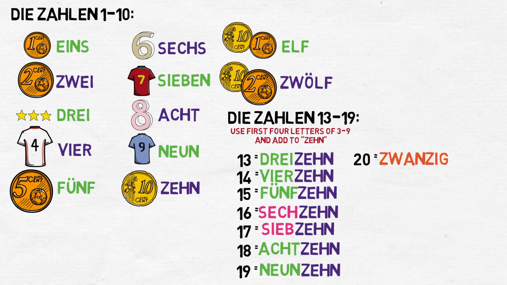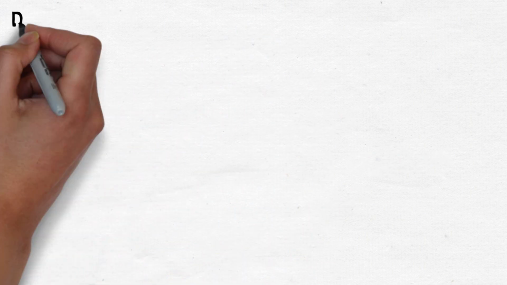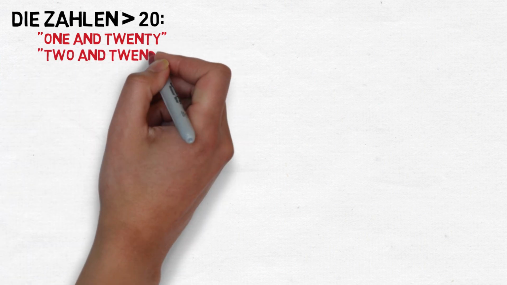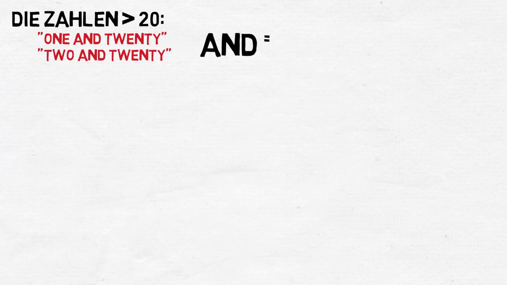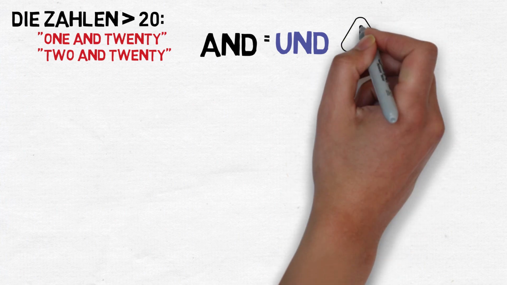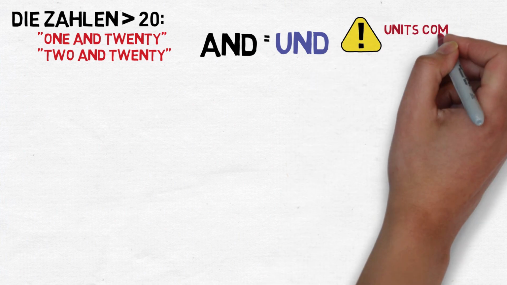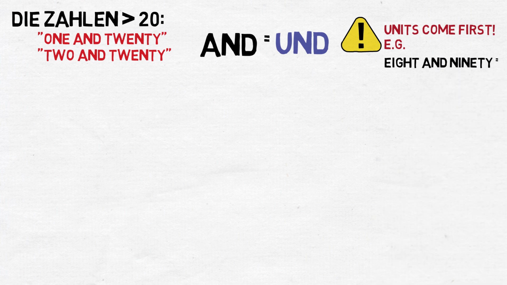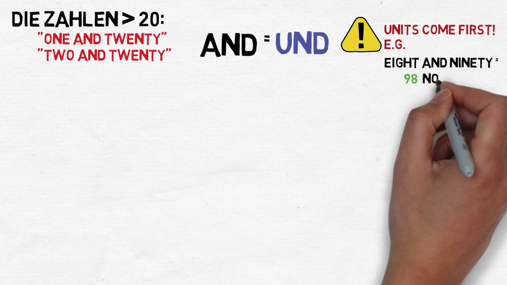Notice that all the numbers involving a 2 so far, 2, 12 and 20, start with 2. To count upwards of 20, we say 1 and 20, 2 and 20, where and is und. This is the only complicated part of German numbers, and when listening to spoken German, it's worth remembering that the units come first. 8 and 90 is 98, not 89.